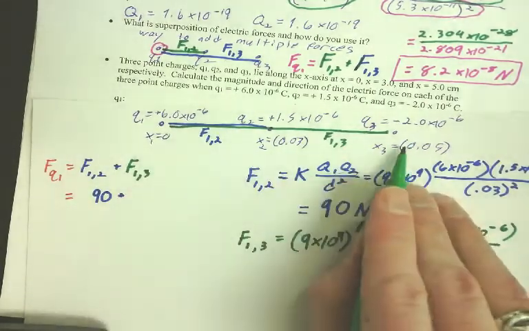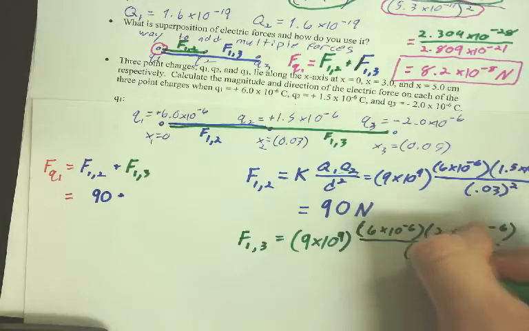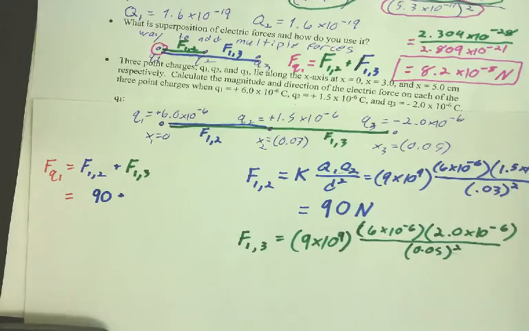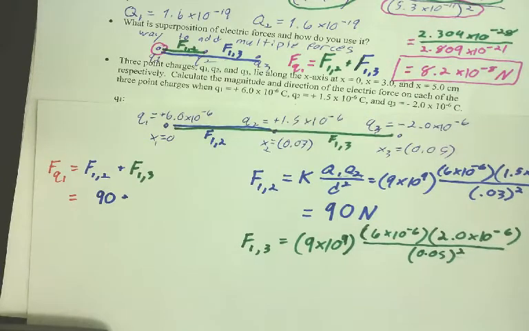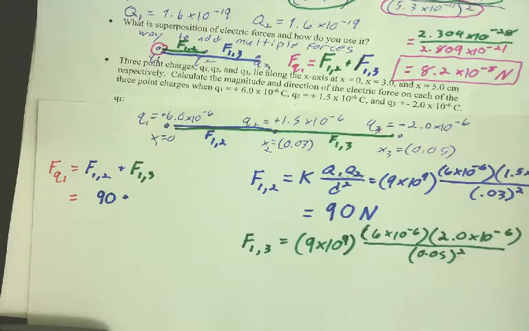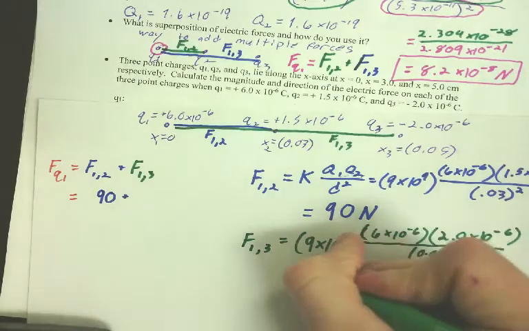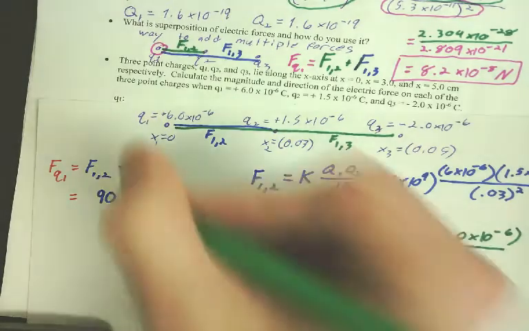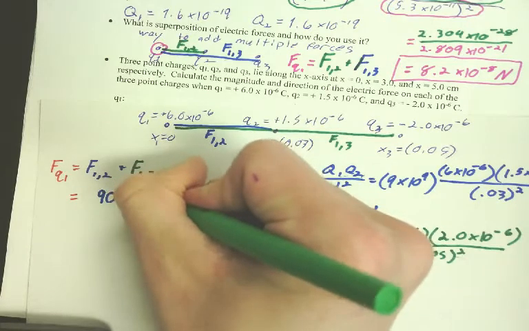From 1 to 3 is 0.05 squared. And when I plug this in, I get 43.2 newtons. Plug that in here, 43.2.